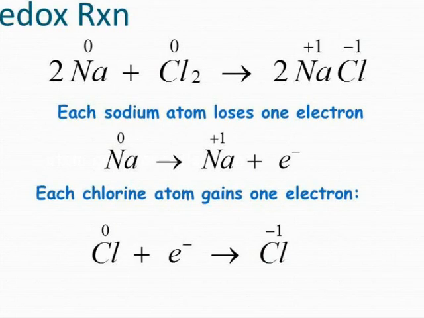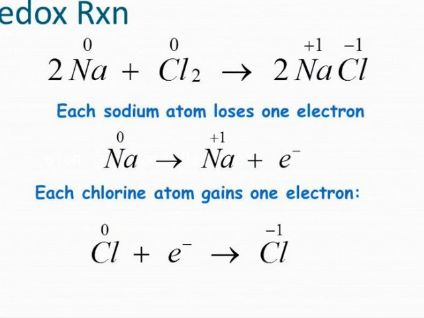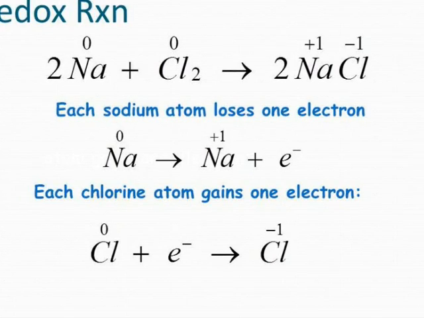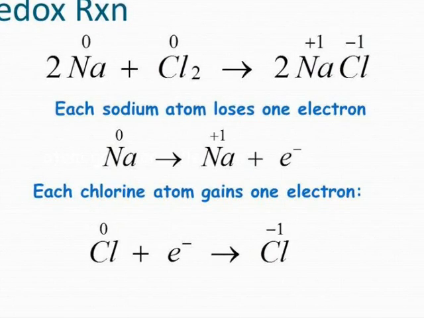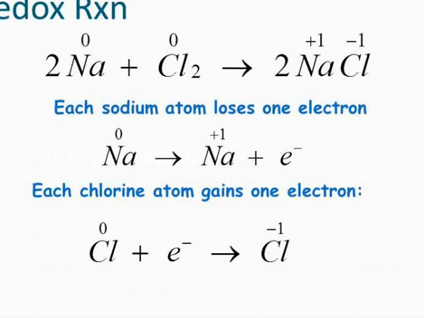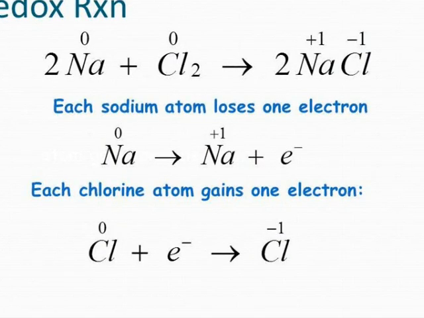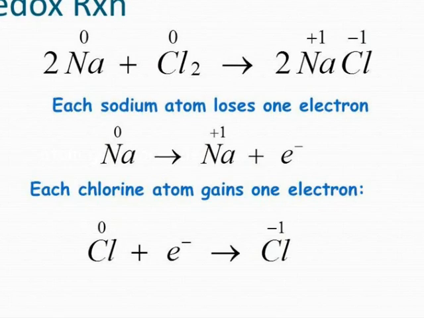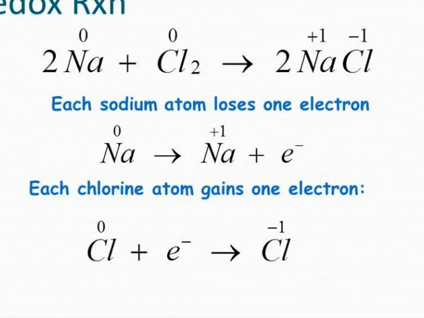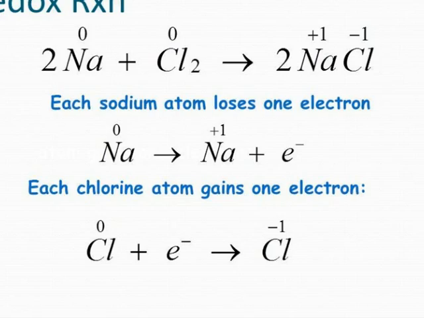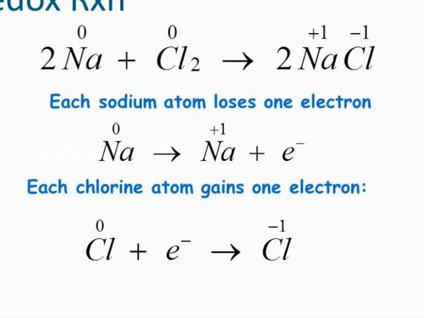Reduction is gaining electrons. Now it seems backwards. You think reduction should be losing electrons, but look at the numbers. This is where it's important. Oxidation, the number goes up, so from 0 to +1 in this example. And reduction, the number goes down. Chlorine is being reduced from 0 to -1. If the number goes down, it's being reduced. If the number goes up, it's being oxidized.